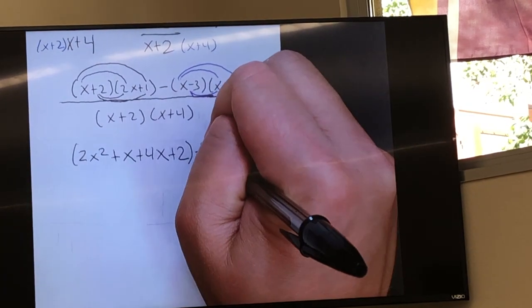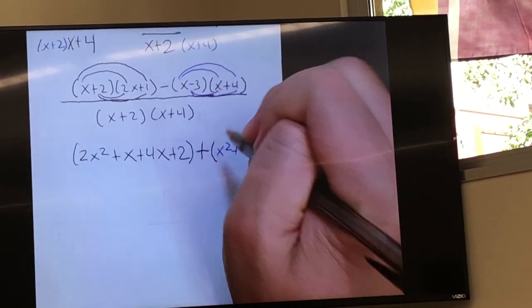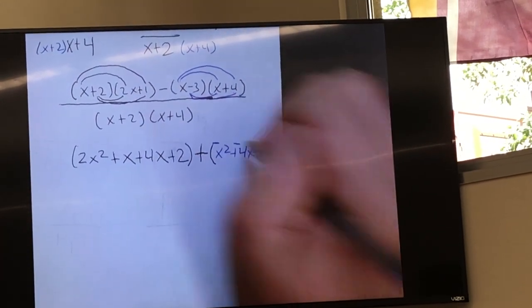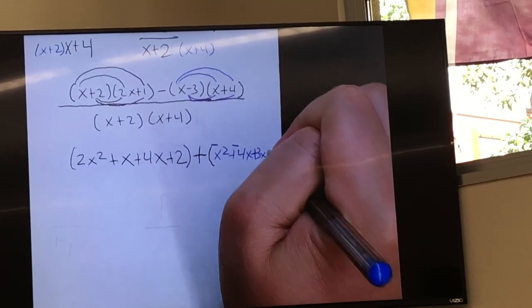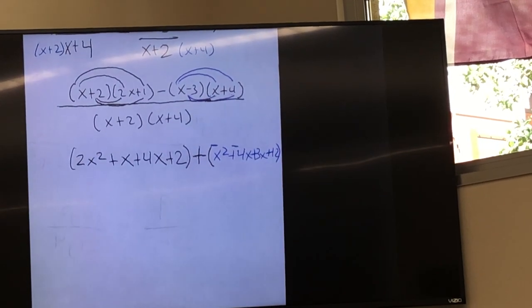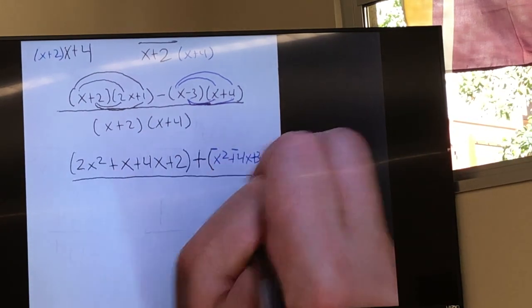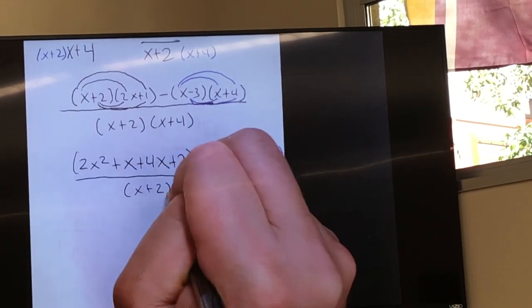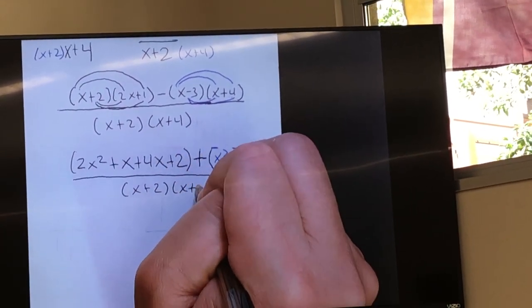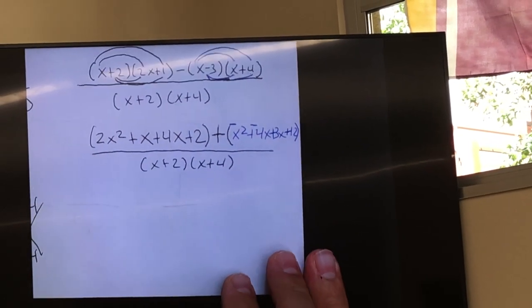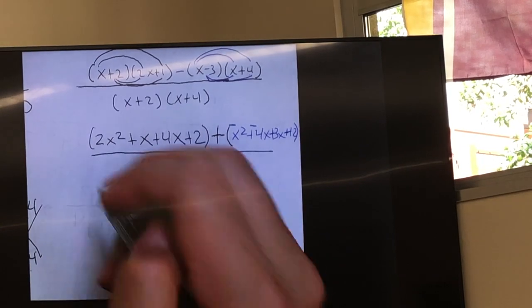We're going to put this as a plus, and then we are going to make this become a negative x squared, a negative 4x, a plus 3x, and a plus 12. Okay? Do not forget, this is all still over our common denominator. Okay? So I'm going to go ahead and clean it up a little bit.